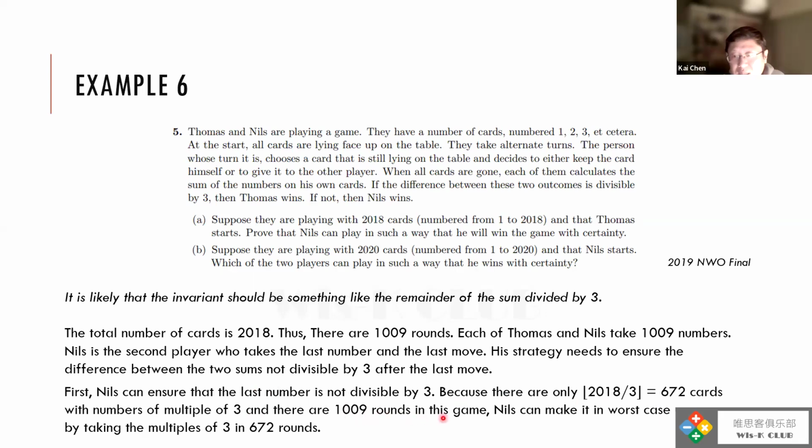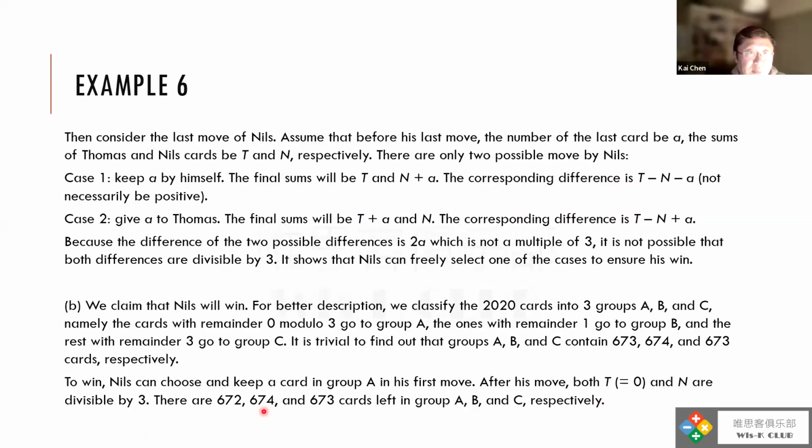So it's possible for Niels to take all the multiples of 3 before the last round.